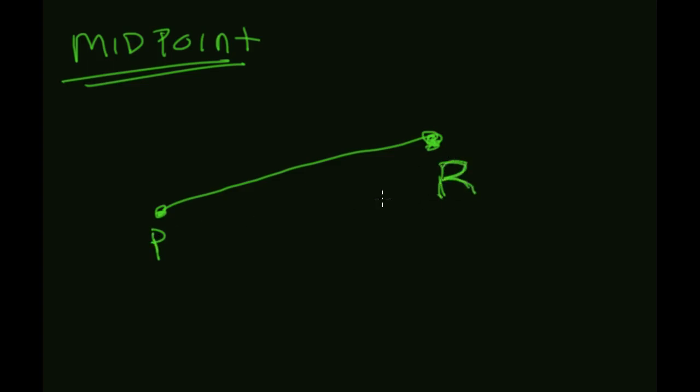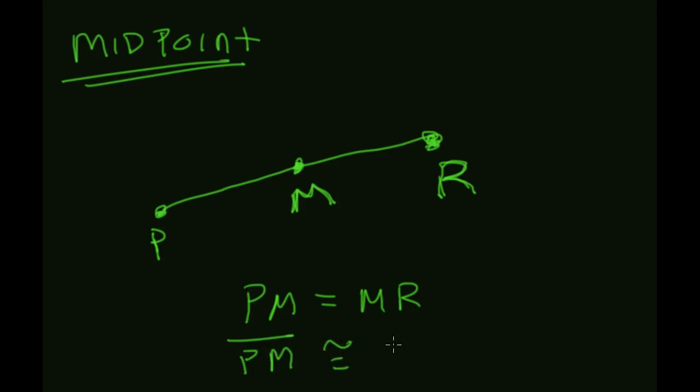Now, the midpoint is going to be some point, I'm going to call it M. It doesn't always have to be M, but in this case, I'm just going to call it M, so that the length of PM is equal to the length of MR. Or in other words, segment PM is congruent to segment MR.